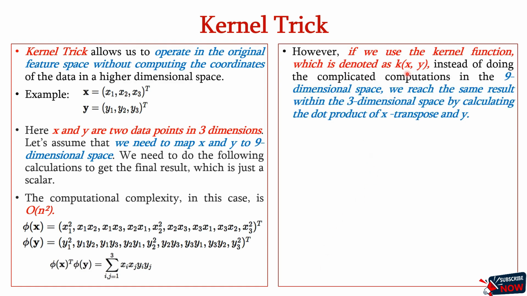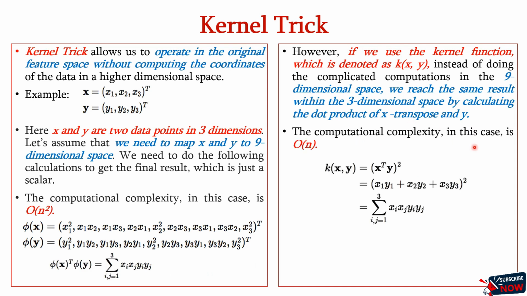However, if we use the kernel function, which is denoted as k of x comma y, instead of doing this complicated computation in the 9-dimensional space, we reach the same result within the 3-dimensional space by calculating the dot product of x transpose and y. So, the kernel function is represented as x transpose into y whole square, which can be written as x1 y1 plus x2 y2 plus x3 y3 whole square.